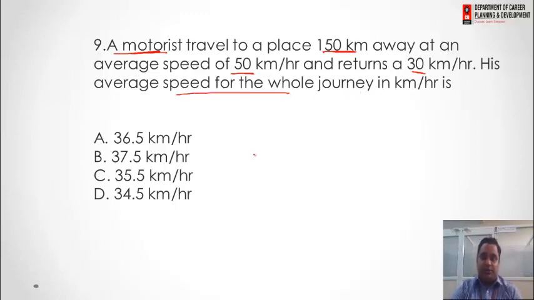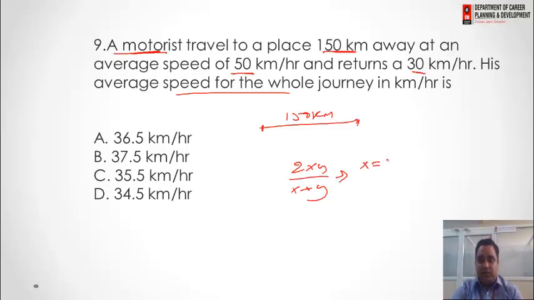So now we can solve this question by using 2 different methods. As the distance is the same from point A to point B, that is 150 kilometers, we can just use the formula 2xy divided by x plus y to have the answer, where x is equal to 50 kilometers per hour and y is equal to the speed of the return journey, that is 30 kilometers per hour.